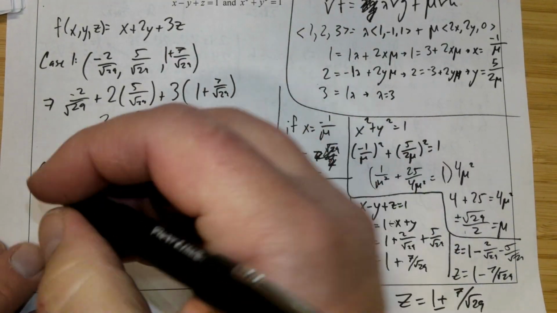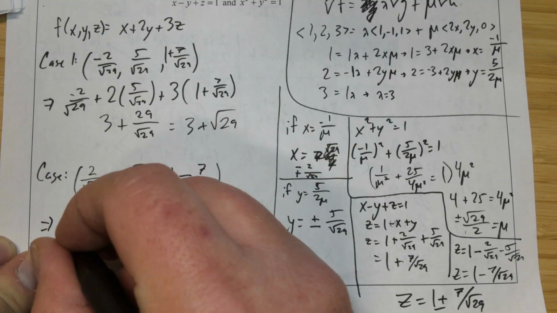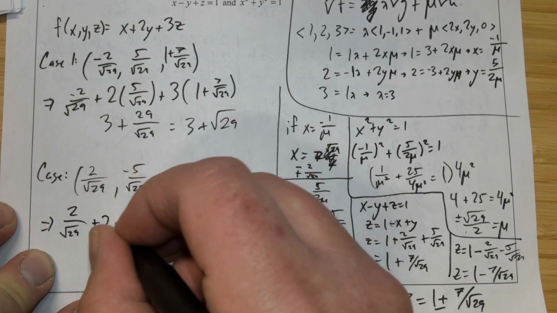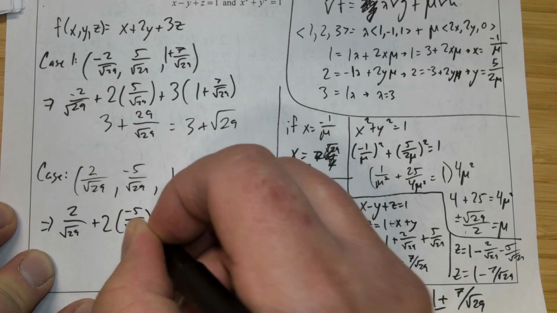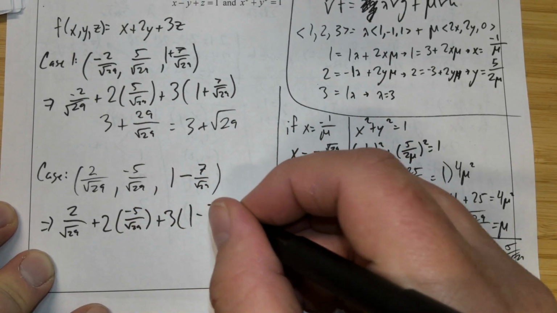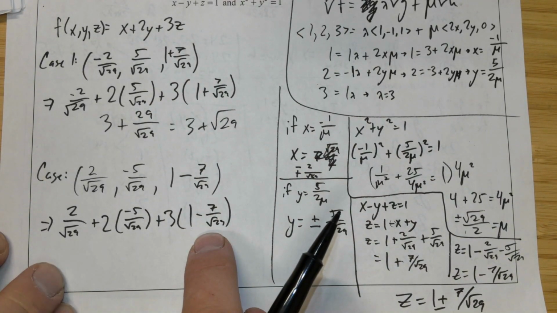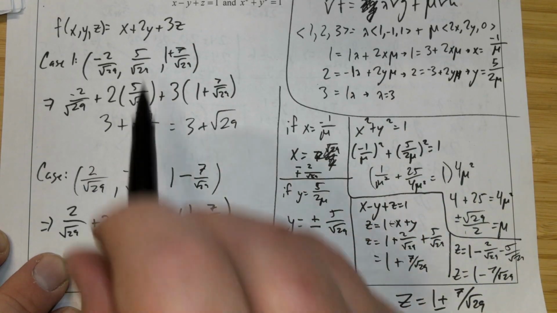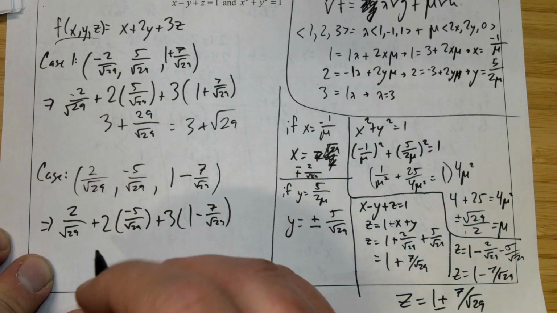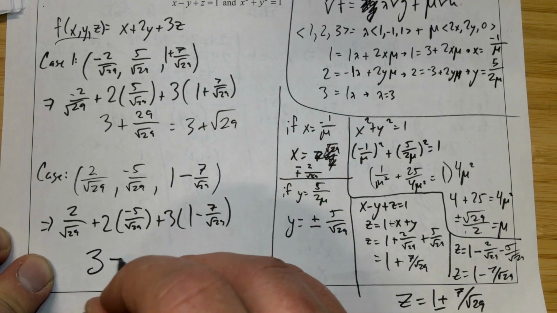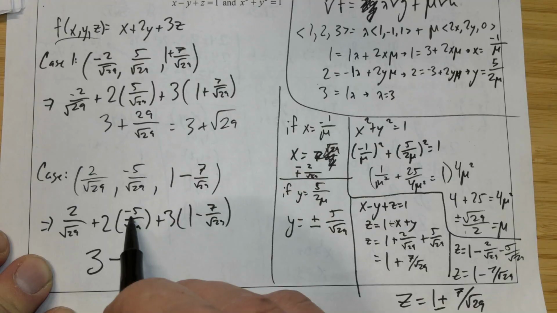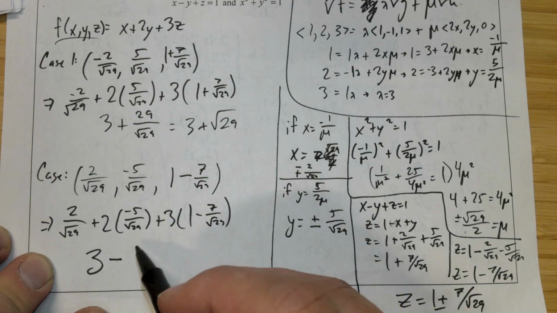And again, I'm going to plug them in the same way. 2 over rad 29 plus 2 times -5 over rad 29 plus 3 times 1 minus 7 over rad 29. And when I simplify this one out, my function output ends up being 3 minus, it's going to be 2 minus 10 minus 21.